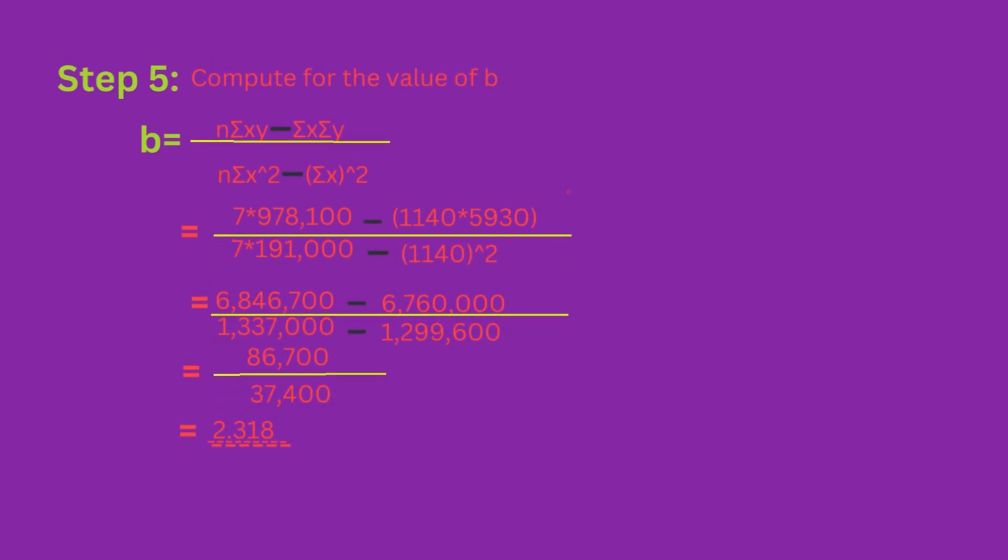Now we have the values that we need to compute the value of b. The value of b is equal to n, which is the number of pairs of data we have, multiplied by the summation of xy minus summation of x multiplied by summation of y, divided by n multiplied by summation of x squared minus summation of x, all squared.